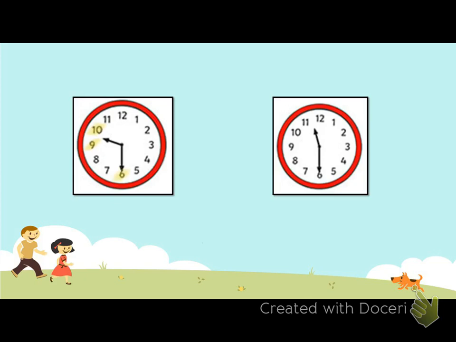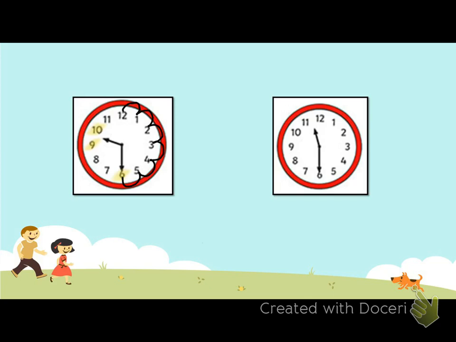Does that mean it is 9 and 6 minutes? No. We have to count in 5s to get the minutes. Let's count. 5, 10, 15, 20, 25, 30. 30 minutes.